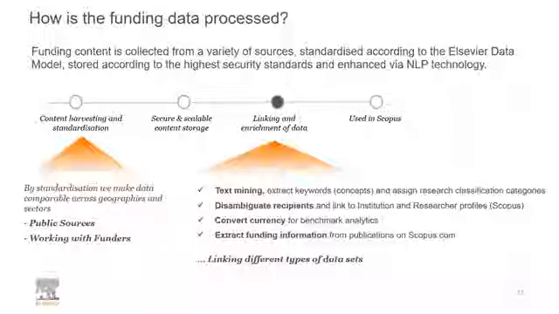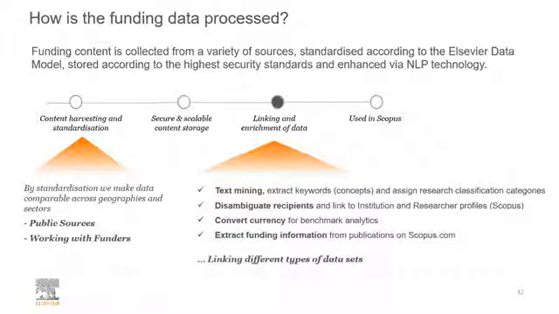By using the Elsevier standard format, we are able to have a standardized way for funding data available worldwide. All this collected metadata is then stored in the Elsevier funding database, following the security guidelines, and also we are GDPR compliant.